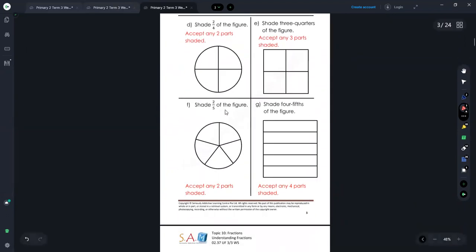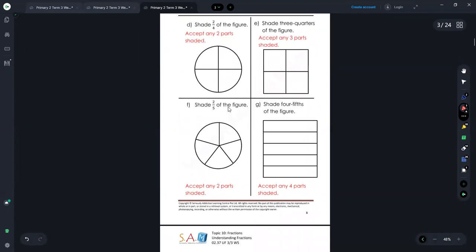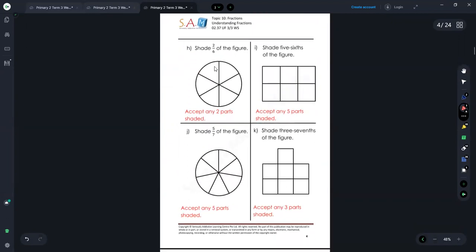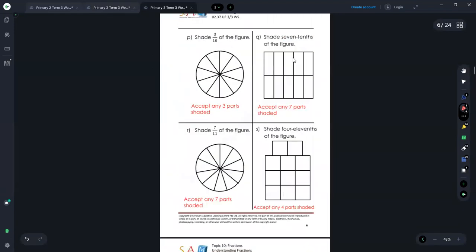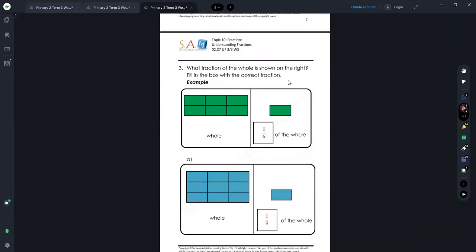Shade 2 out of 4, so for this one they can accept any 2 out of 4. Maybe just one question to do. Sheet 5, 6, one fraction and then one with the wordings. The rest are quite okay.